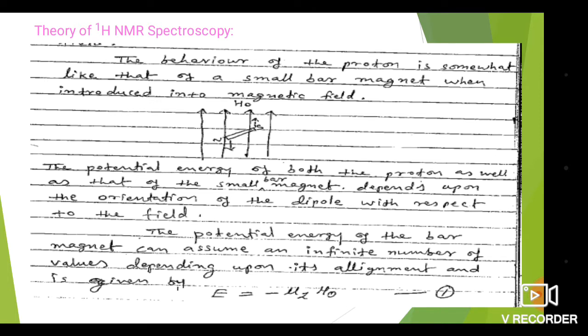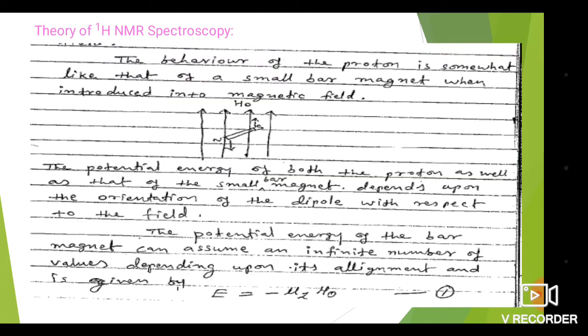The behavior of the proton is somewhat like that of a small bar magnet introduced into a magnetic field. When we apply the external magnetic field to the bar magnet, it rotates or aligns parallel to the applied magnetic field, as shown here.